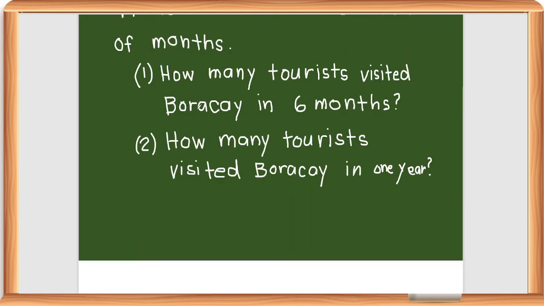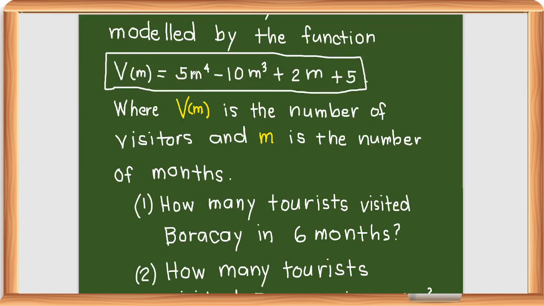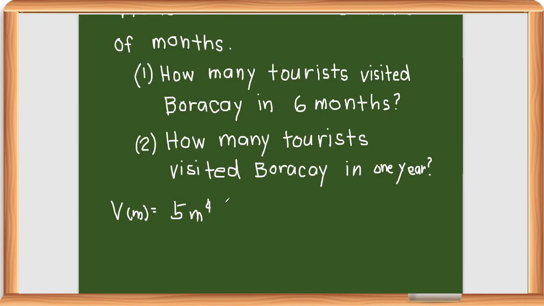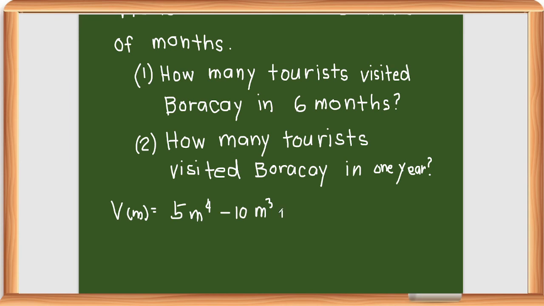Let's solve it. So V at M is equal to 5M to the 4th power minus 10M to the 3rd power plus 2M plus 5. Okay.